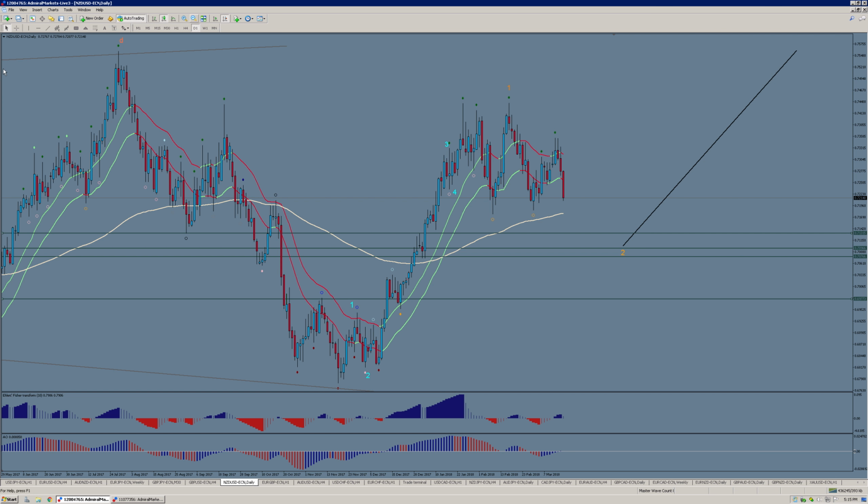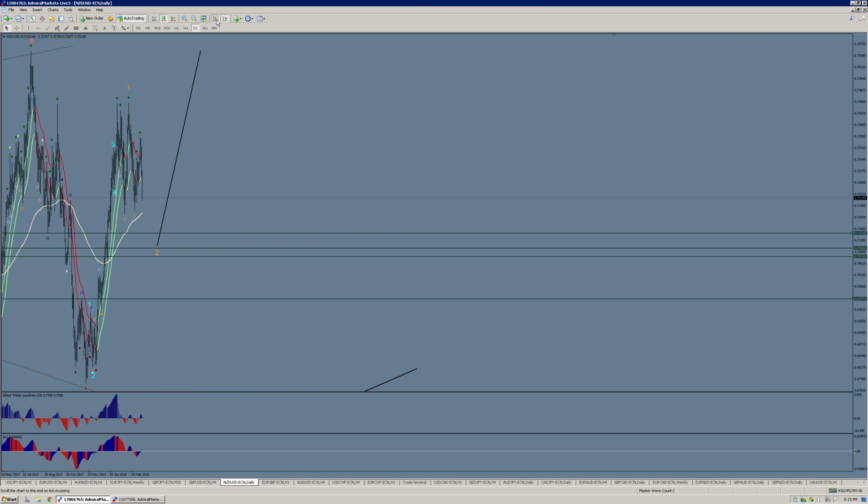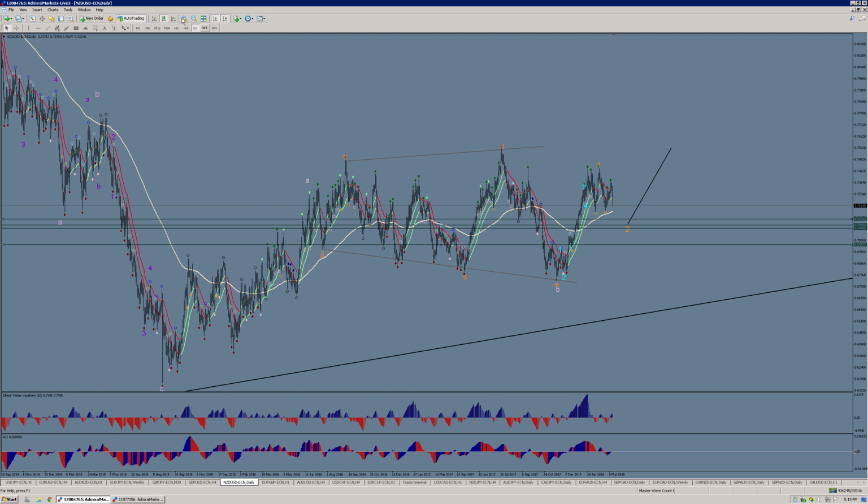In this example here, I've got a New Zealand dollar US dollar chart on the daily time frame, and if I zoom out just to get a sense of what's happening here, over recent times it's been pretty sideways movement. It's been pretty choppy.